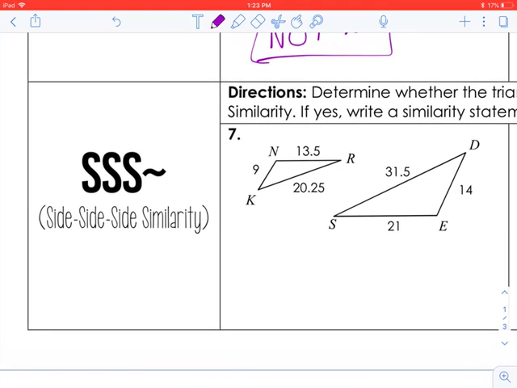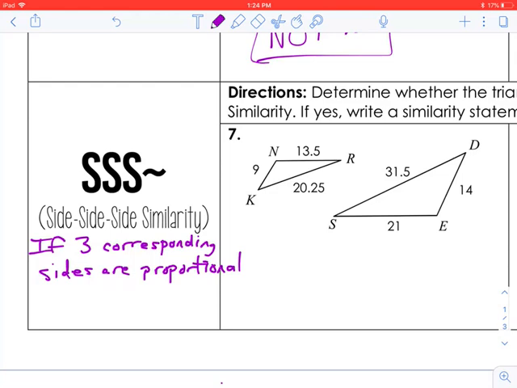Now this is different from side-side congruency, because this is saying if three corresponding sides are proportional, not congruent, proportional, then the triangles are similar. So all three have to be proportional.